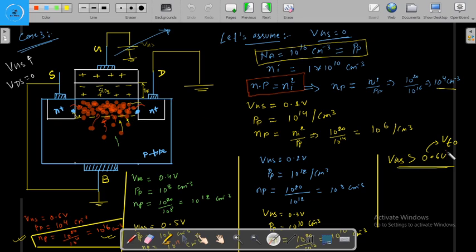So what is the threshold voltage? The threshold voltage is the voltage at which the channel is formed between the drain and the source, right?